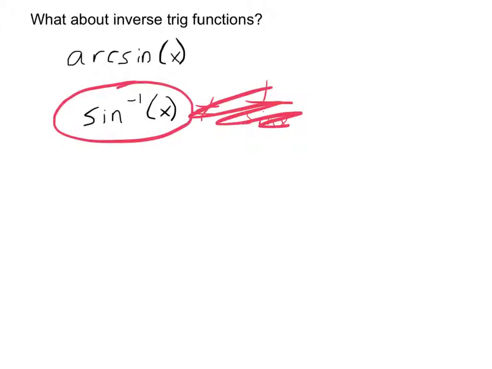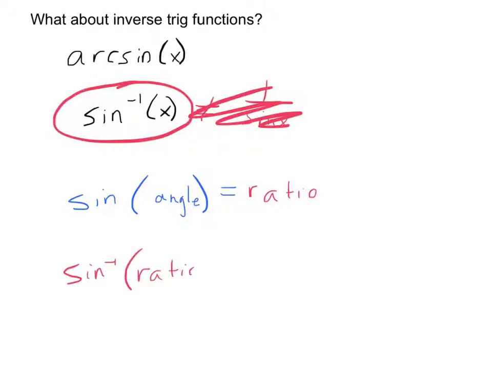And pay close attention to this. Normally, we take the sine of an angle, and we get back a ratio. Inverse sine works in exactly the opposite manner. With inverse sine, you feed it the ratio. When you plug the ratio of the opposite on hypotenuse sides into inverse sine, it will give you back the angle that had that sine measurement.